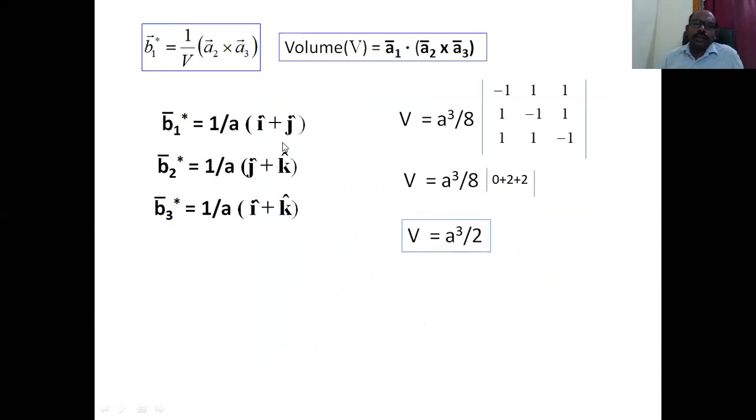So these are the same as the direct basis vectors of FCC. Therefore, the reciprocal of BCC is the FCC lattice, and the reciprocal of FCC is the BCC lattice. So that is the conclusion.